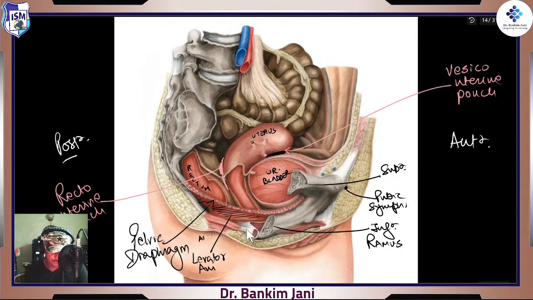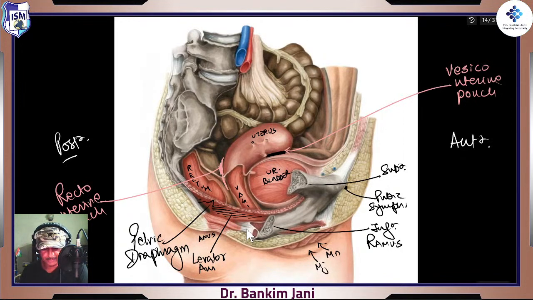This one is the anus, and these are the labia majora and minora. This one is minora, this one is labia majora. Here is the uterus, and this one would be the vagina.